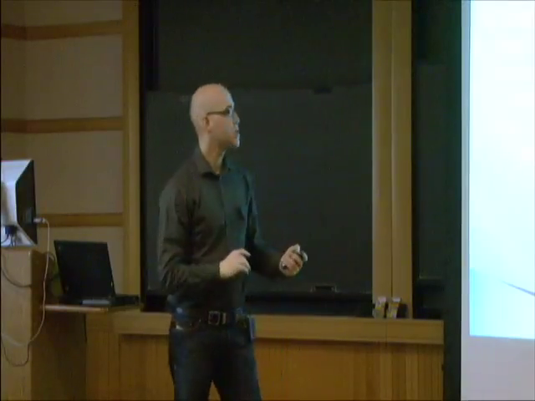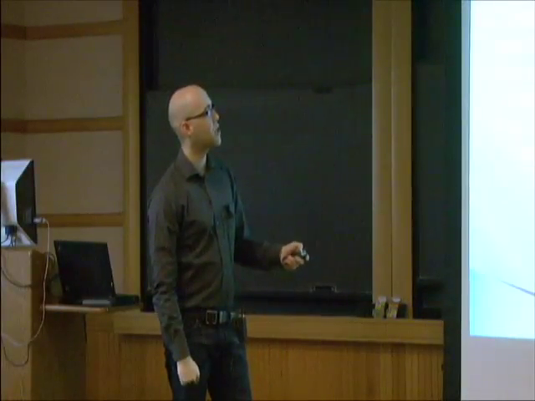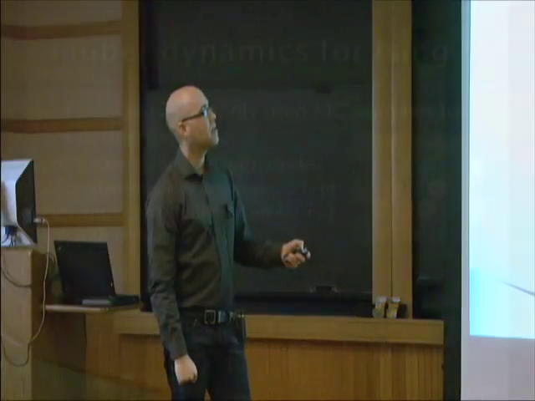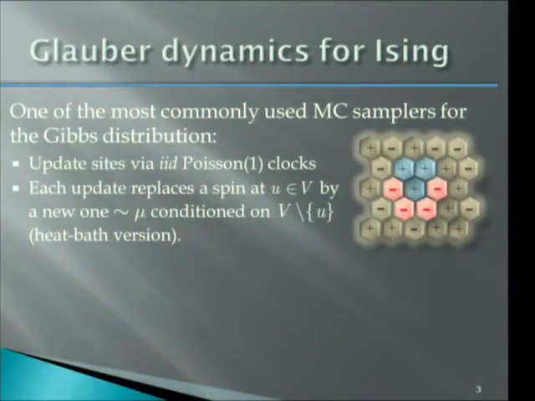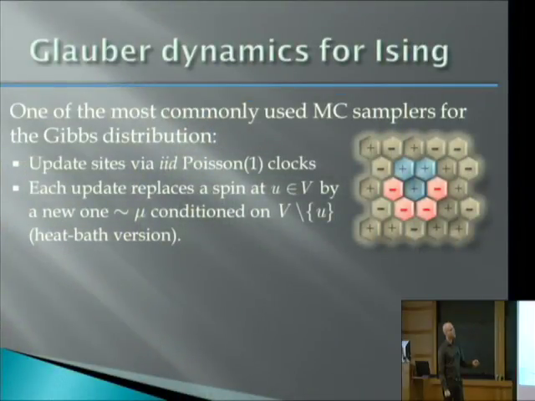Since we're not touching anything except this site in the middle, the only thing that matters is its direct connection to its neighbors, because we're keeping all the rest of the bonds exactly the same. So in order to understand what the stationary distribution of this site conditioned on everything else being fixed is, all we need to do is look at the immediate neighbors of this site.